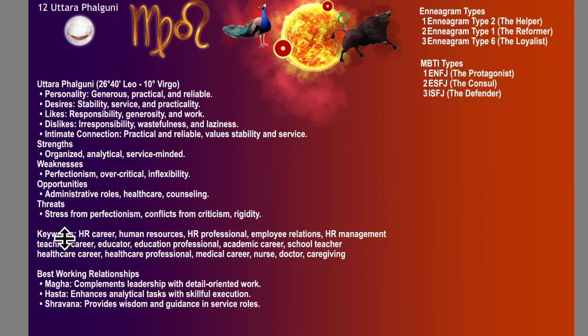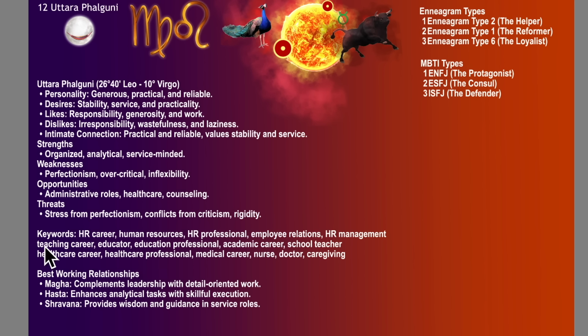Keywords for career: they can have an HR career in human resources, HR professional, employee relations, and HR management. Virgo has everything to do with humans, in general humanity. Especially in Uttara Phalguni, it's all more about people. As you can see, all the career is about dealing with people.